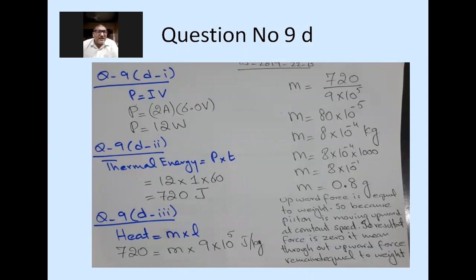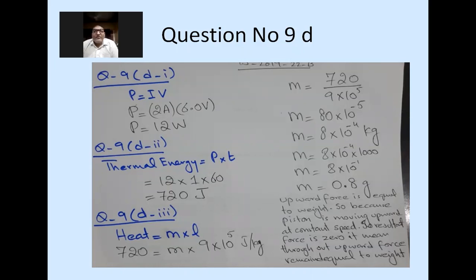The third part I'm doing. The heat is 720, and the m I want to find out. The L value is 9 exponent 5 joules per kg. So this 9 exponent 5 will go on the other side. It will divide on the other side. So you will have 720 divided by 9 exponent 5.